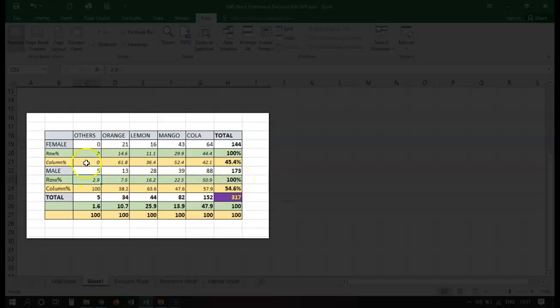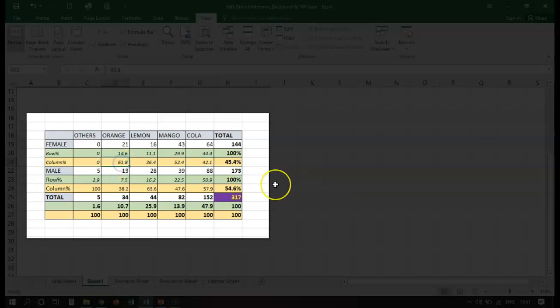Now let us see column percentage. Column percentage is that out of all the people who said that they love cola, 152 people said that they love cola, and out of these, what is the percentage of males? 57.9% of the total cola lovers are males, and 42.1% of total cola lovers are female.